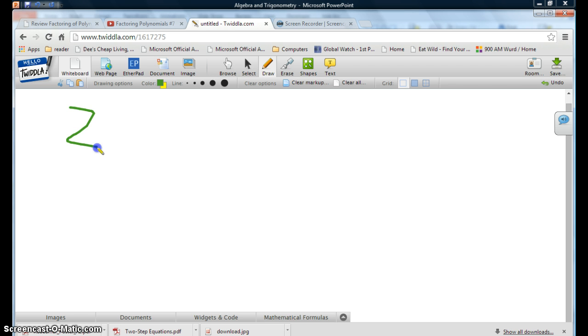Okay, the next equation is z plus 23 equals minus 10. Now remember all of your rules for adding, subtracting, multiplying, dividing positive and negative numbers.